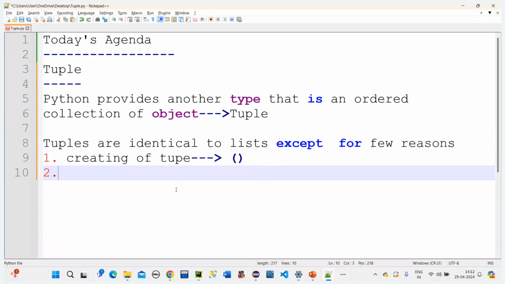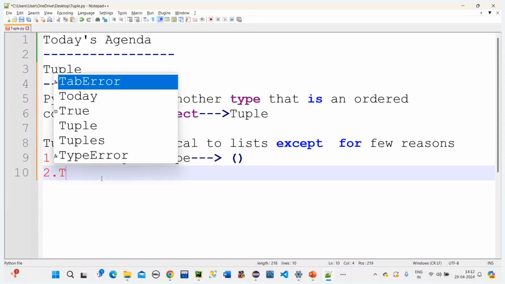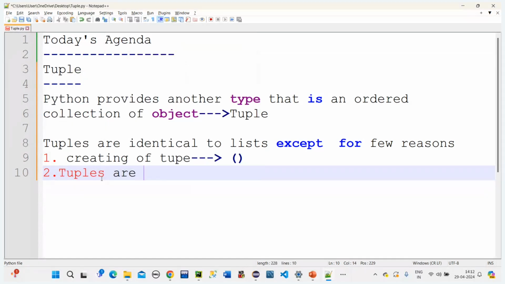I guess you all know what immutable is. Tuples are immutable. We can't add or remove any elements. It cannot be changed.